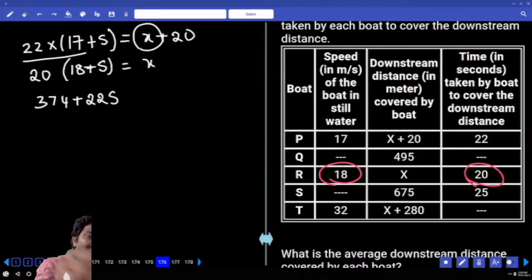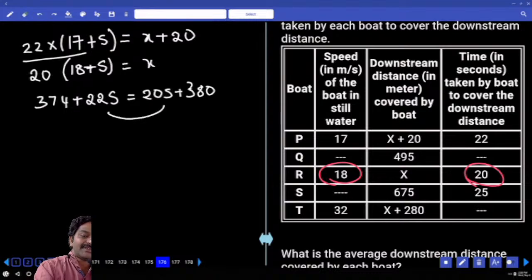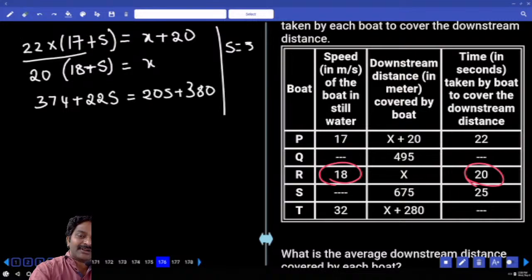Then in place of X it will be 20S plus 360, plus 20 we have. That means 380 only. Now what is the difference here? 2S is equal to 6, so S is equal to 3.